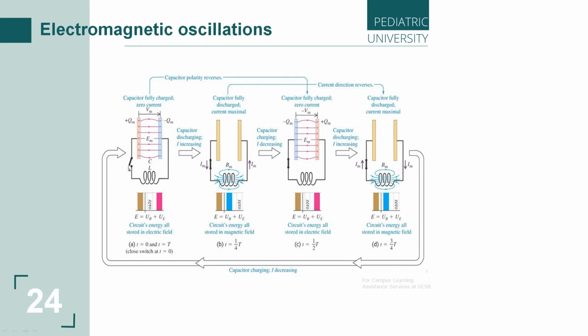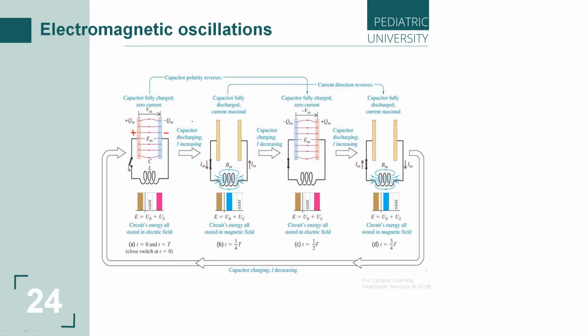We don't forget that the capacitor has two different plates, with two different charges, minus and plus. Firstly, we say this plate is plus, this is minus. The process does not stand still.